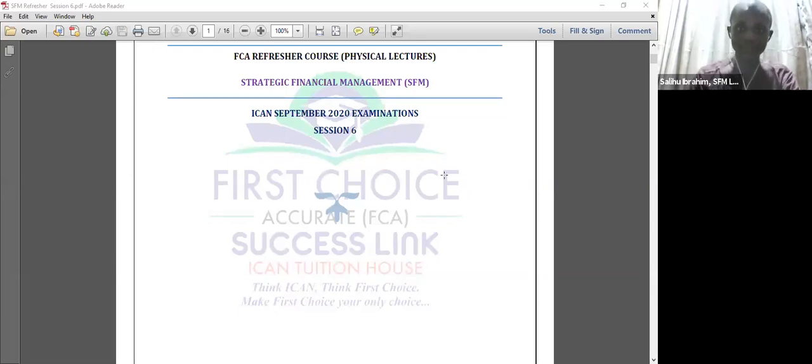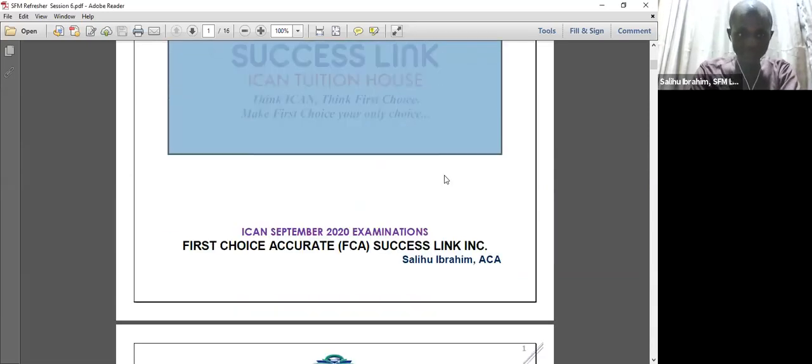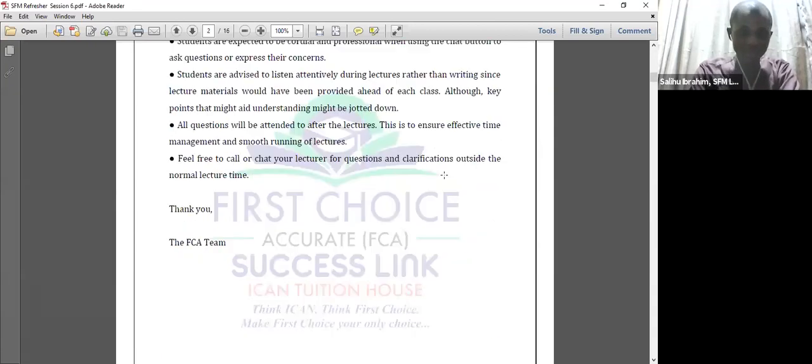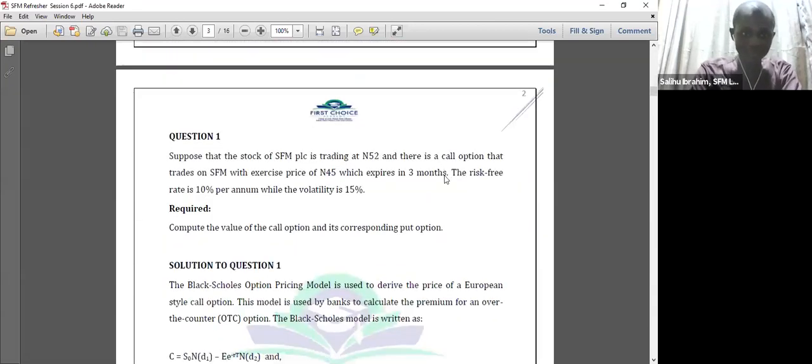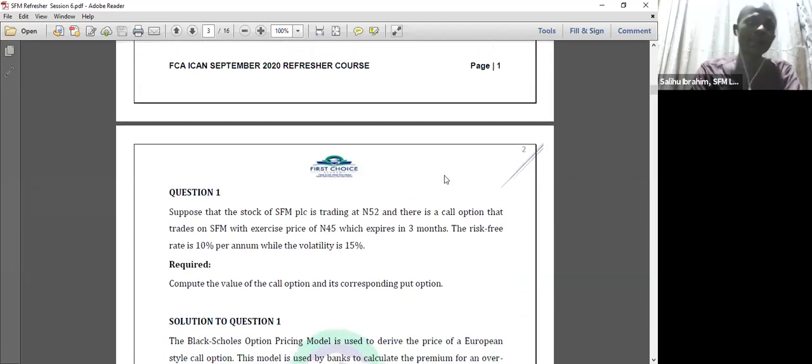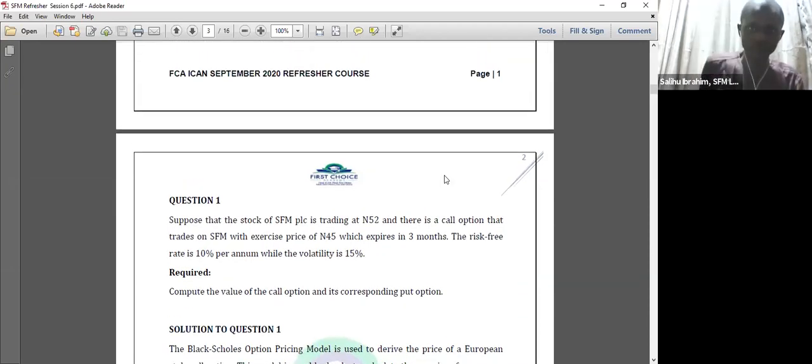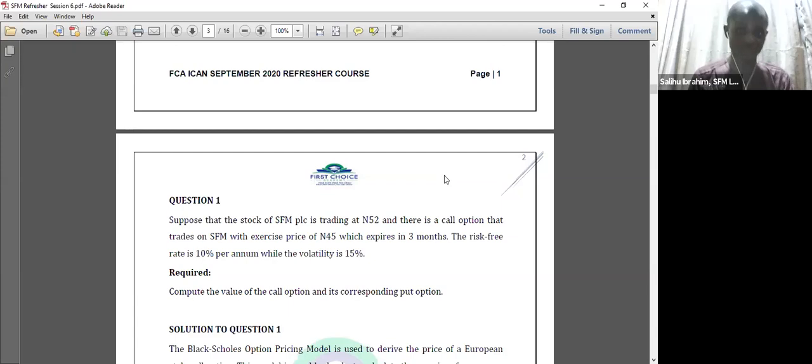Okay, let us take the question one after the other. We already have the rules, so I don't need to go through those rules again in order to save time. Now, look at this question. The question says, suppose that the stock of SFM PLC is trading at 52 Naira, and there is a call option that trades on SFM with an exercise price of 45 Naira, which expires in 3 months.